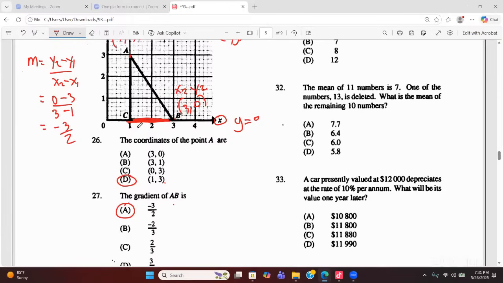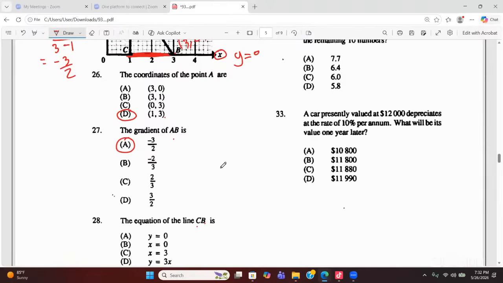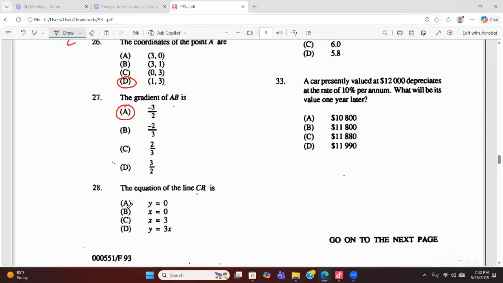Let me go again. This line is a horizontal line, your x-axis. It's y equals 0. Do not get that wrong. So the equation of CB is y equals 0, and the reason for that is it's a horizontal line. Hope everybody grabbed that and go.